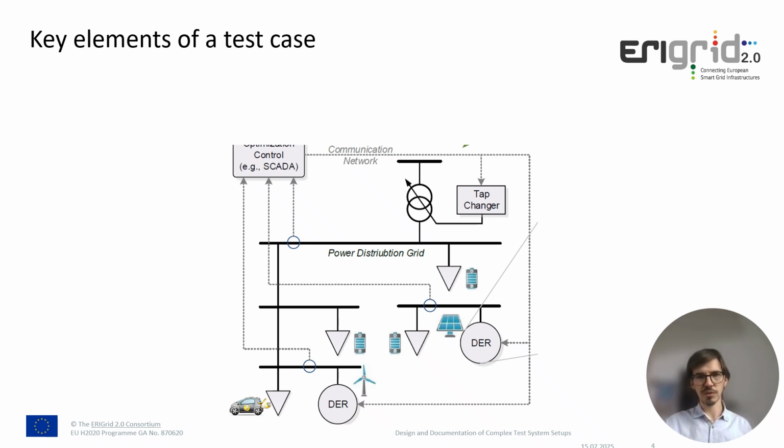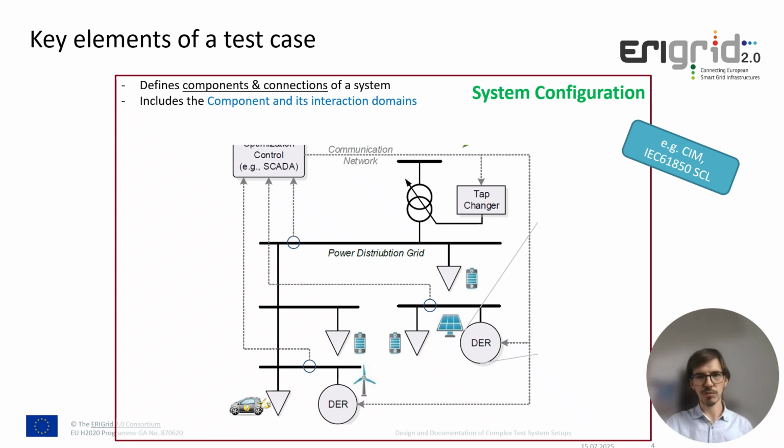We can first describe the system configuration. That means we can describe the power distribution grid and its topology using, for example, the common information model. We can describe interconnections between the automation equipment via the IEC 61850 system configuration language and other related methods.